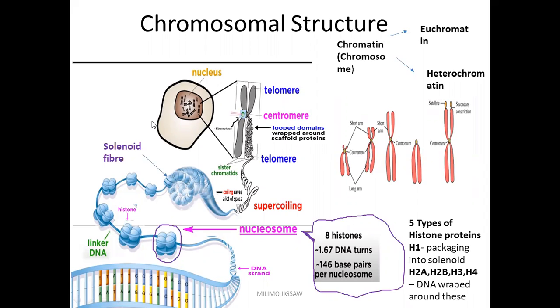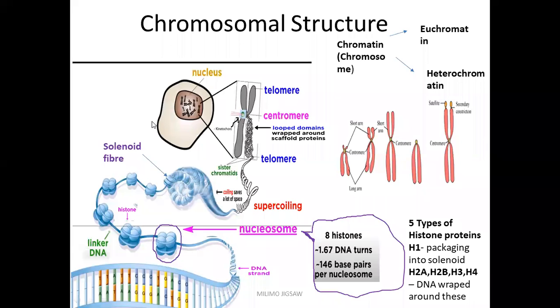So when we look at the prokaryotes, the genes are located in the cytoplasm. The genes will either be on the chromosomal DNA or the genomic DNA, or on an extra chromosomal DNA, which is known as a plasmid, if we can recall our lesson on prokaryotic cells.